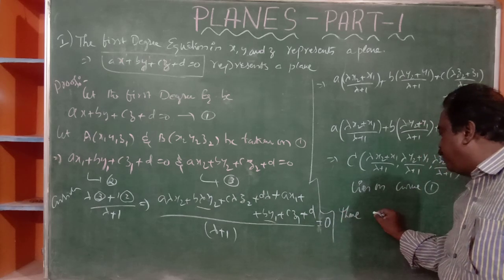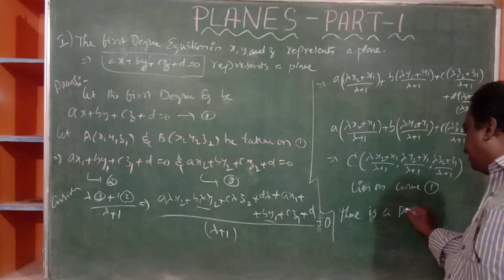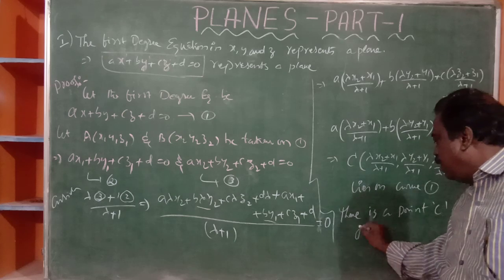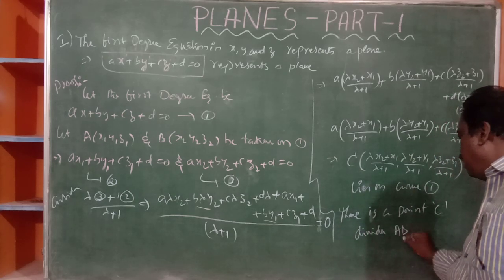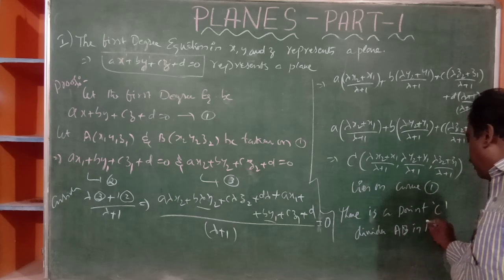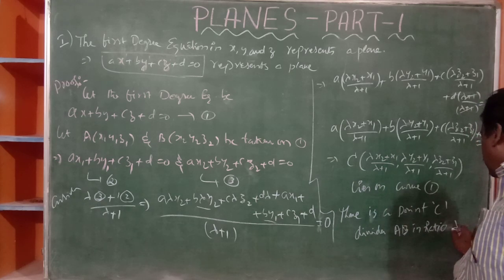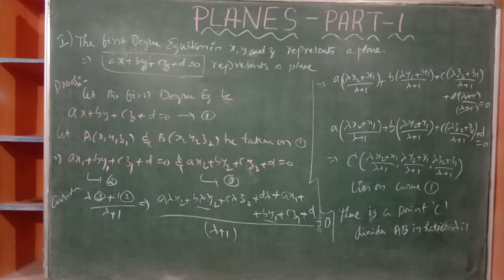There is a point C that divides AB in the ratio lambda is to 1. Clearly observe.